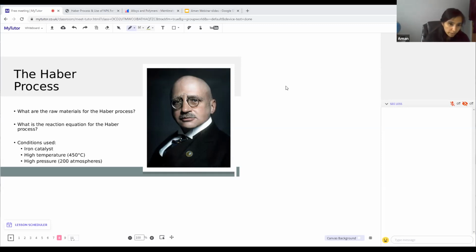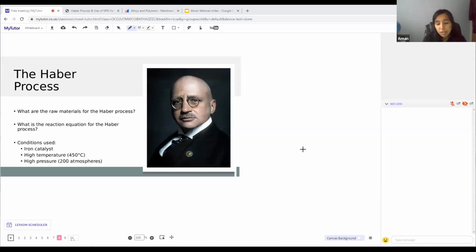Does anyone know the raw materials for the Haber process? So I've told you one. In the previous slide, we went through one of the raw materials. So there are two raw materials. Does anyone know what they are? So we want to make ammonia, so we know that's why we do the Haber process, but what are the two raw materials in making ammonia? If you know the formula for ammonia, you should be able to guess the raw materials.